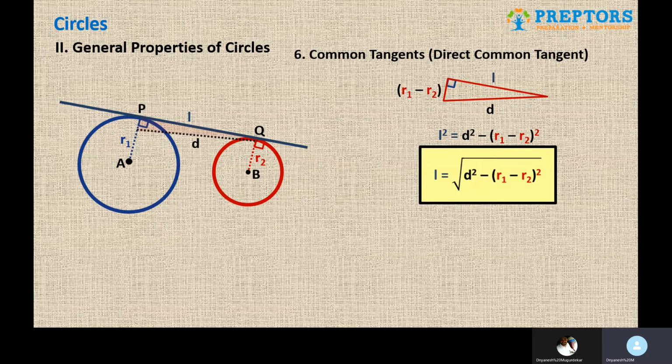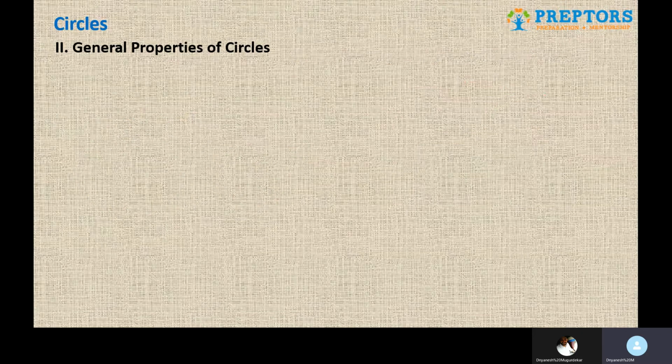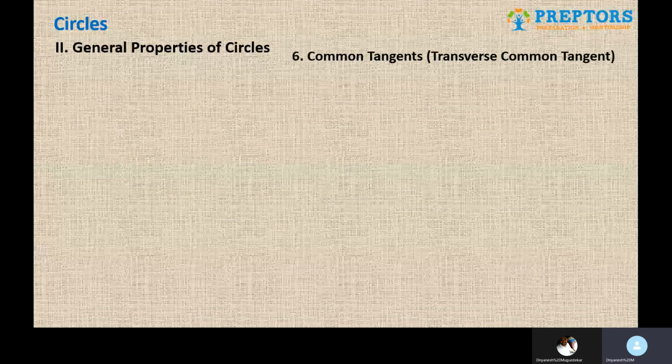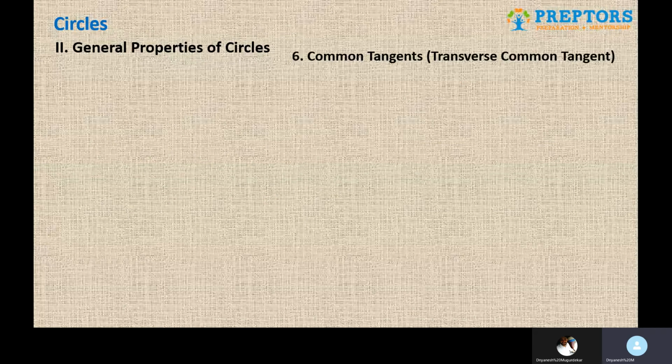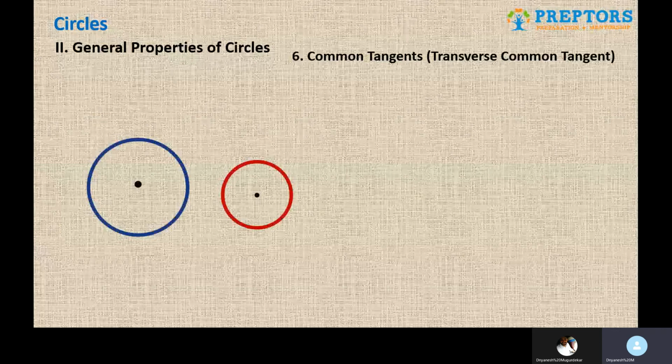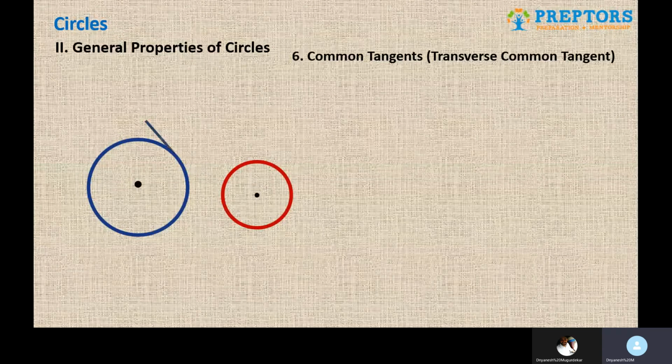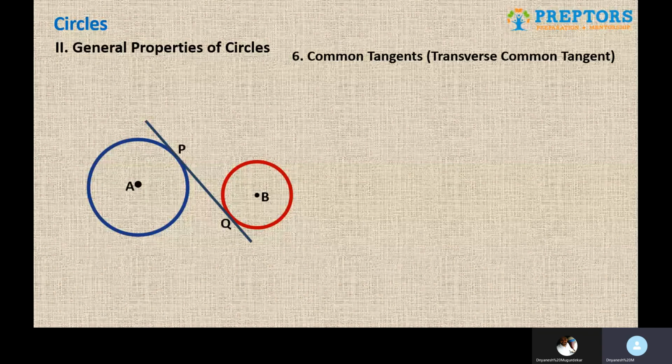The next part is the transverse common tangent. Transverse common tangent, obviously, is when the tangent touches the circles from opposite sides of the center, something like this. So now again the same process.